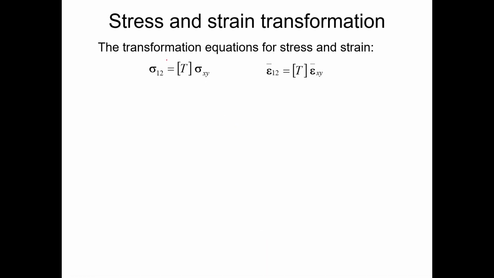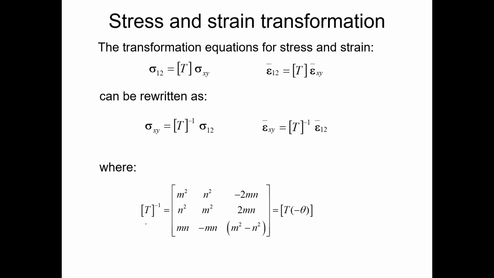Now let's look at the transformation equations for both strain and stress, listed here. Let's rewrite that equation where sigma xy is essentially the inverse of that transformation matrix times sigma 1, 2, similarly for epsilon xy.